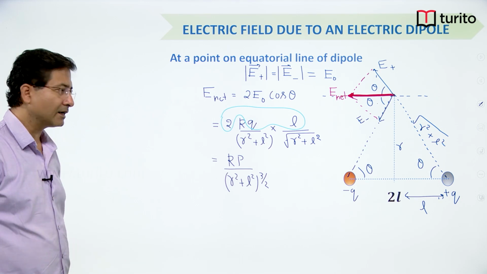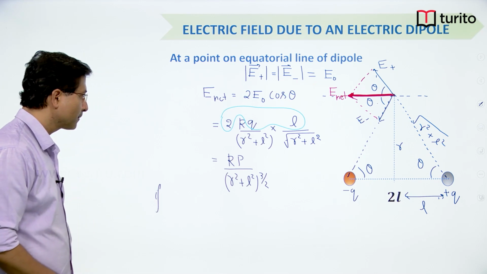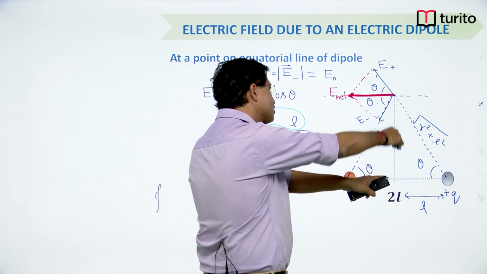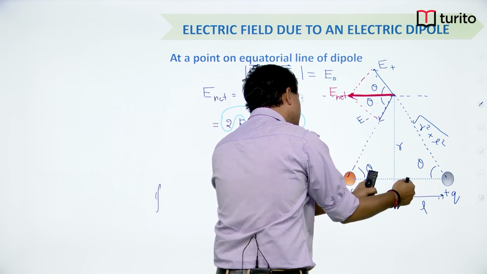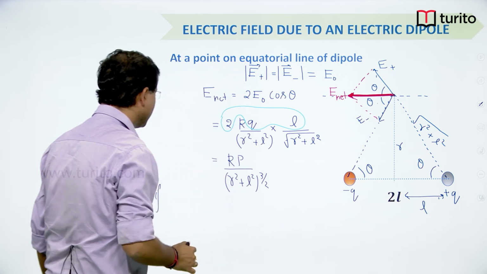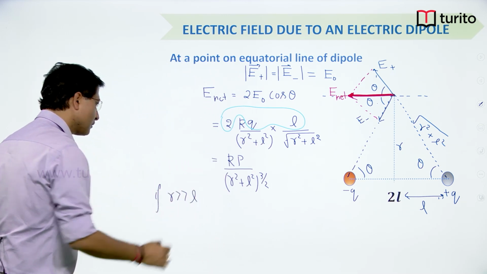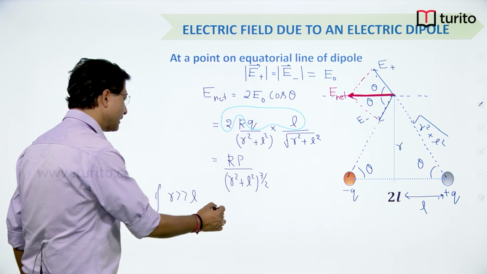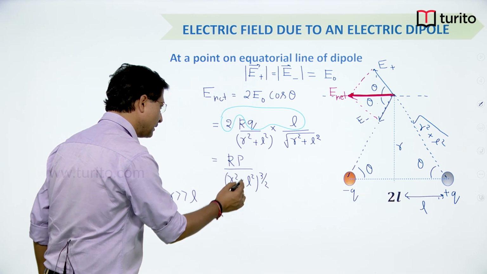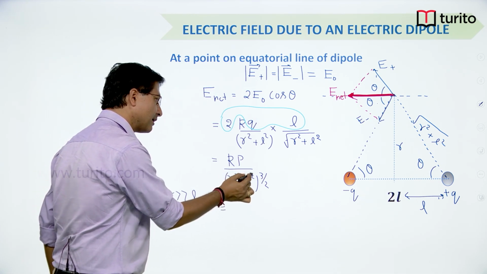Now, again using the condition, if this distance is quite large as compared to this separation, if r is quite large as compared to L, the whole expression can be written, this L is very small as compared to r.